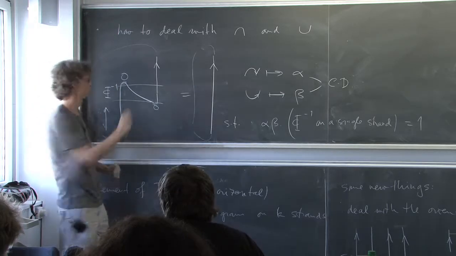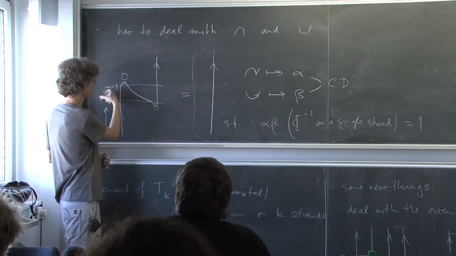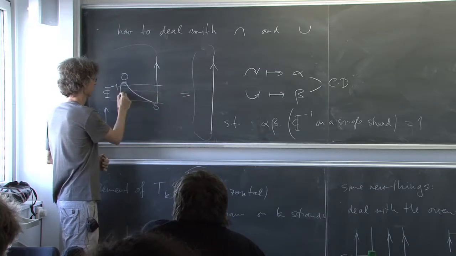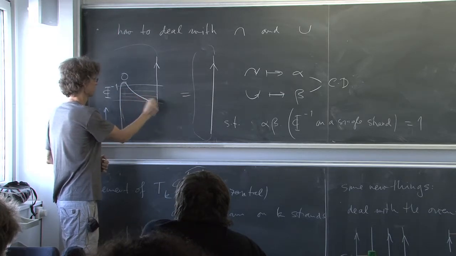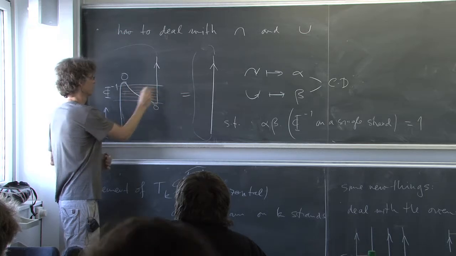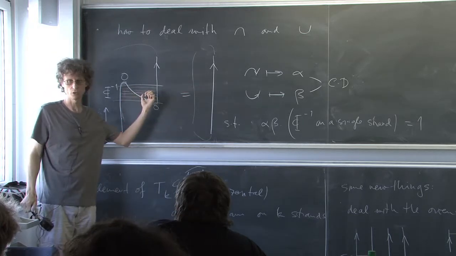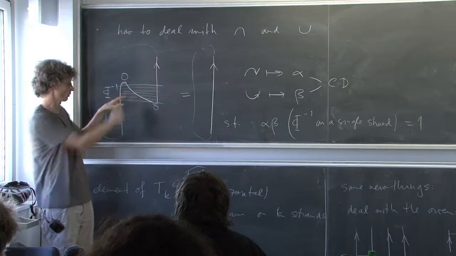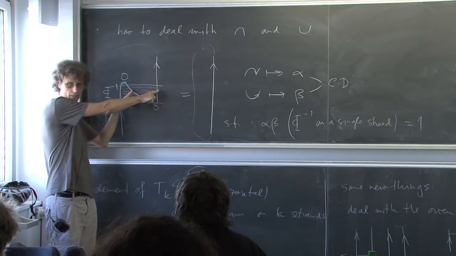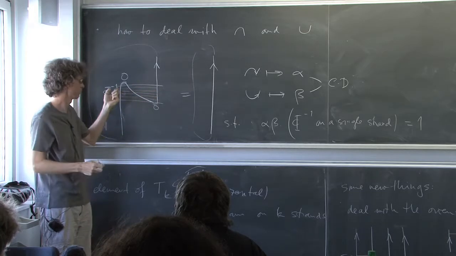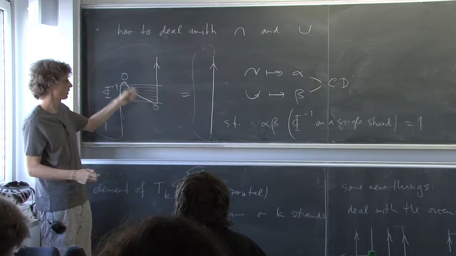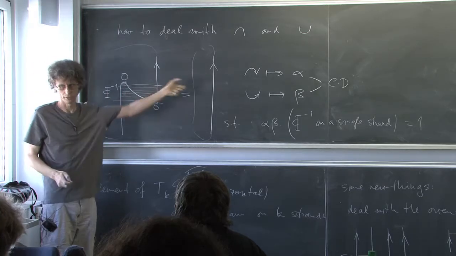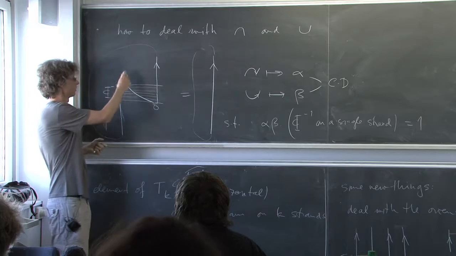So we need to put some, okay, here is some horrible chord diagram corresponding to this phi. It's something like this, a linear combination of things like that, so TAB and TBC. But I need to put something here and there to kill it and to get one.